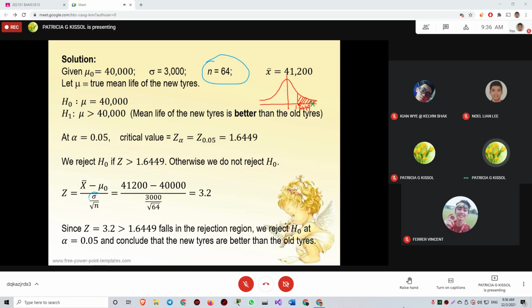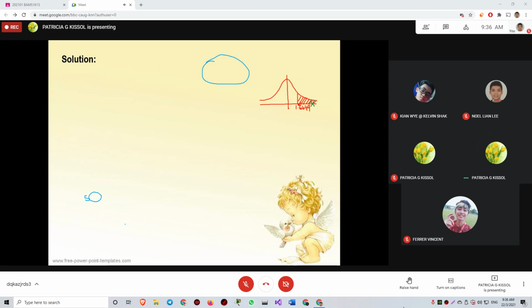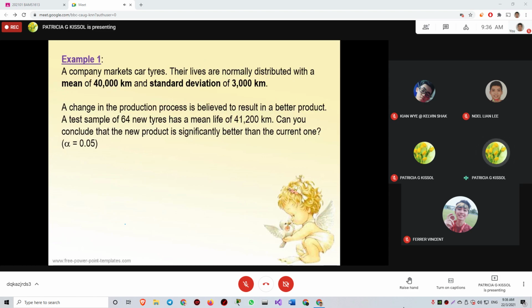Therefore, this one it should be s. By right it should be s because if I go back to the slide showing the question, does it say anything about the standard deviation being known or unknown? It's not, isn't it?